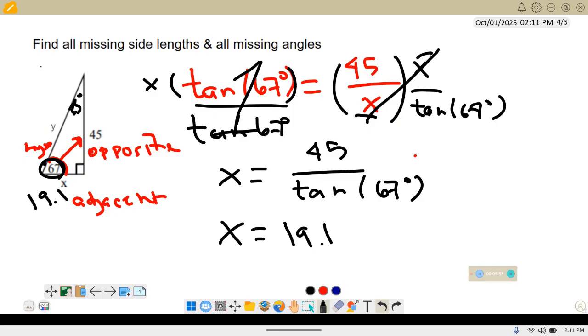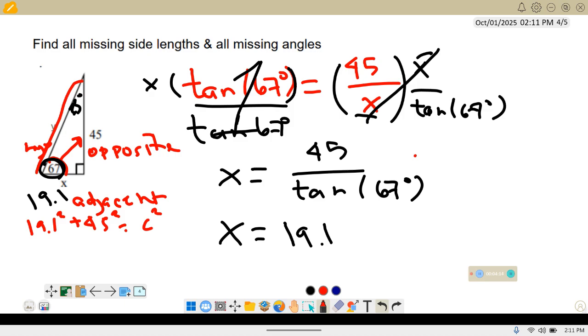Now to find the hypotenuse, I'm just going to use the Pythagorean theorem because I know a squared plus b squared equals c squared. So I know that 19.1 squared plus 45 squared equals my hypotenuse squared. I should be able to just solve for that in my calculator.